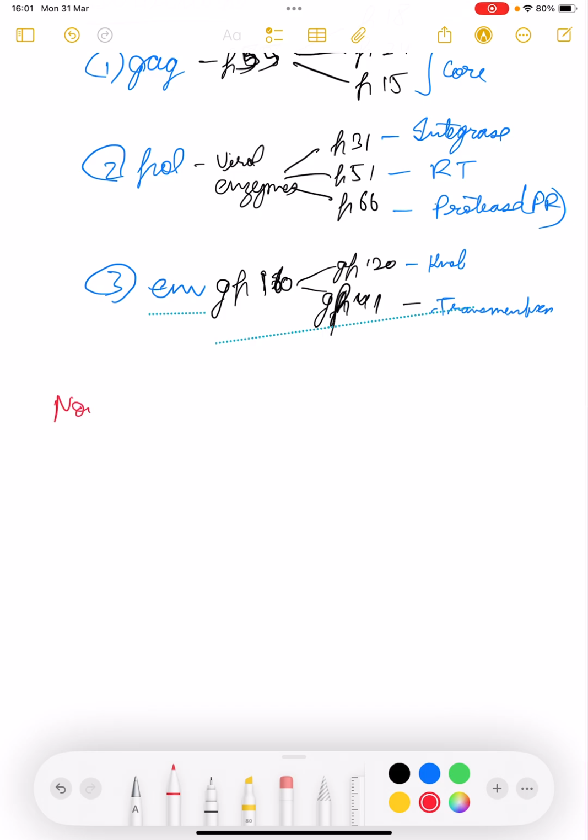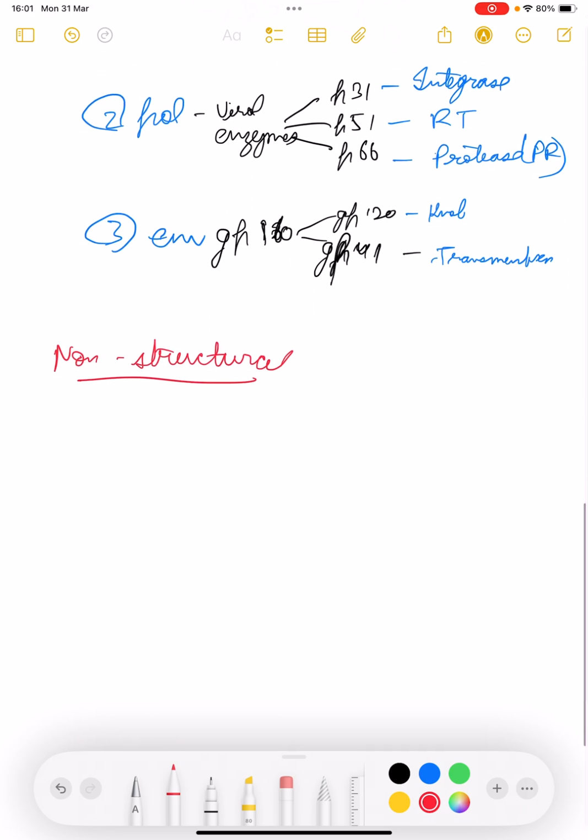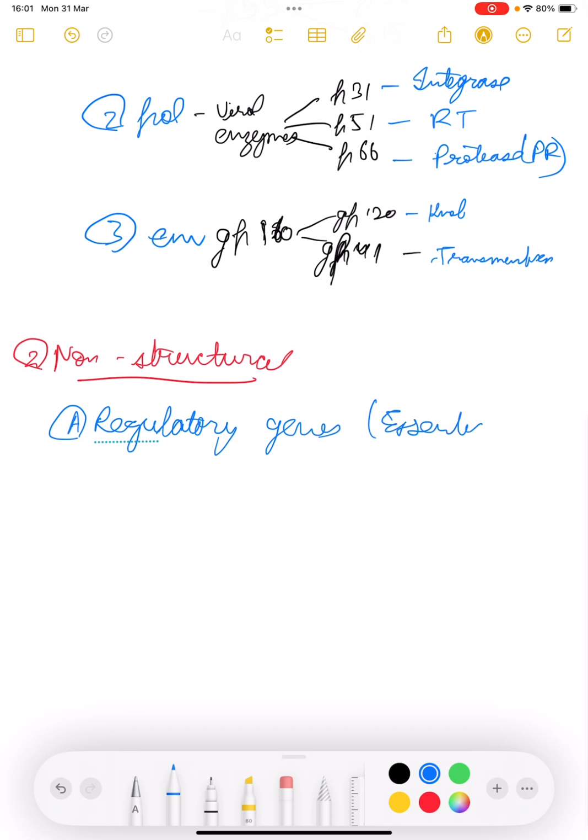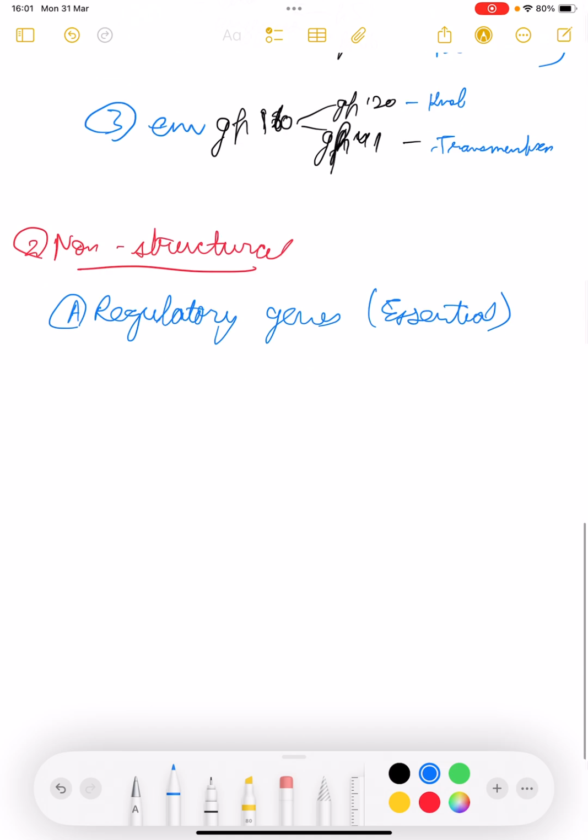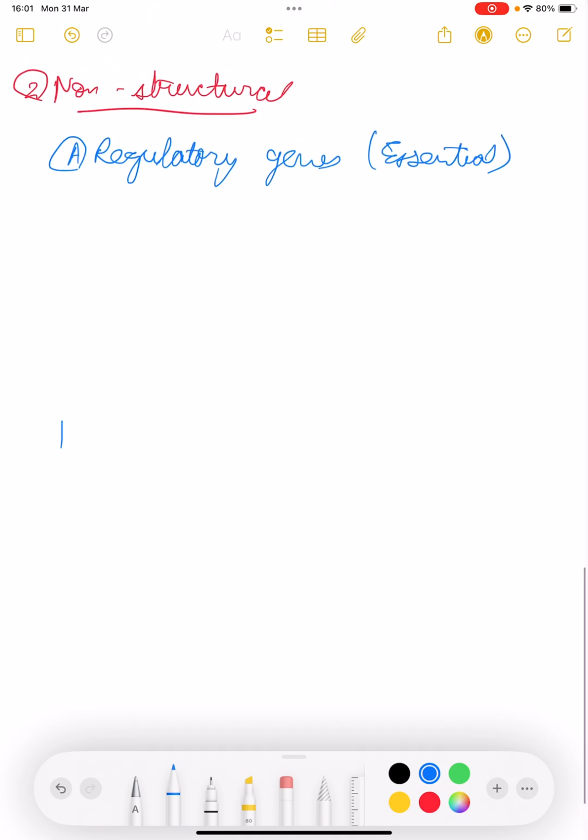Talking about non-structural genes, we have regulatory genes, which are essential, and three accessory regulatory genes.